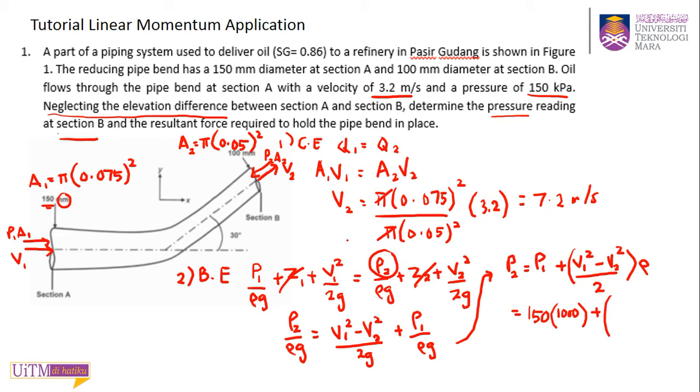V1 is 3.2, 3.2 squared minus V2 squared. So your V2 is here, 7.2 squared, divided by 2, times rho of the oil. They give you the specific gravity, so this is times 860. So what is the value of P2? Can someone calculate?